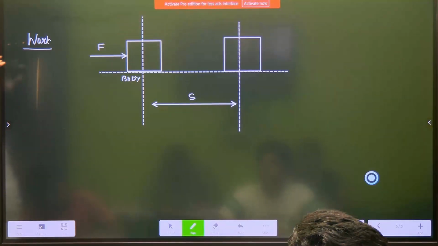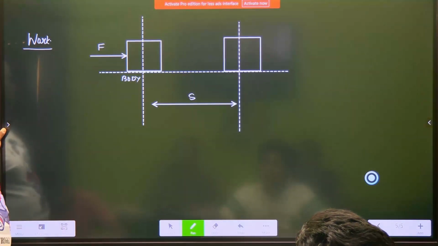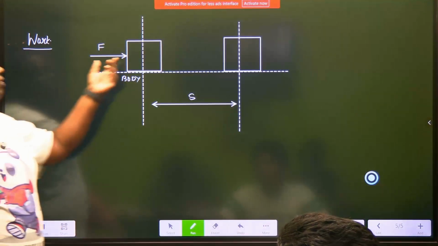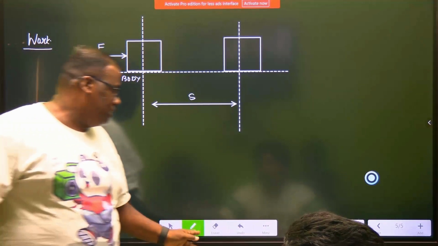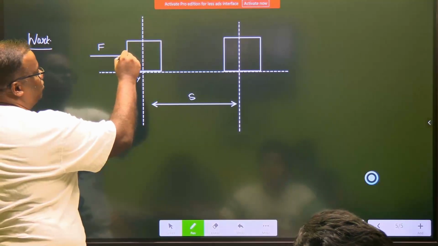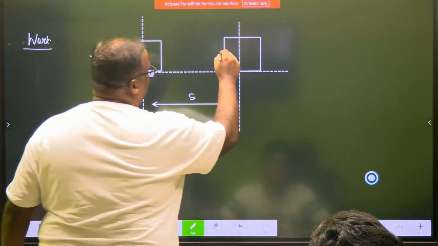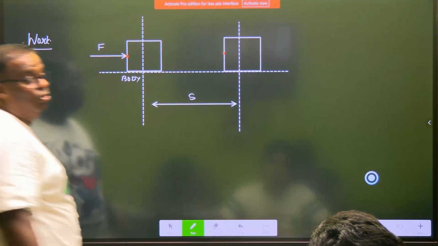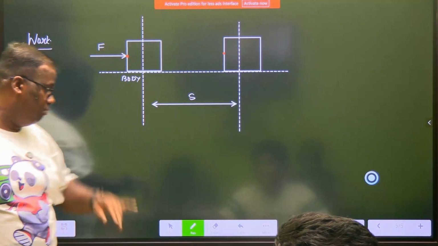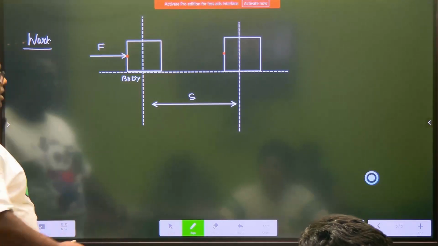Now let's see what is the definition of work as per physics. Work is said to be done when the point of application of force, very important is the word point of application of force, this is the point of application of force, moves along the direction of force. These two words are very important.